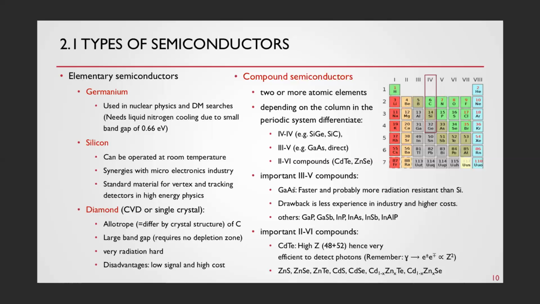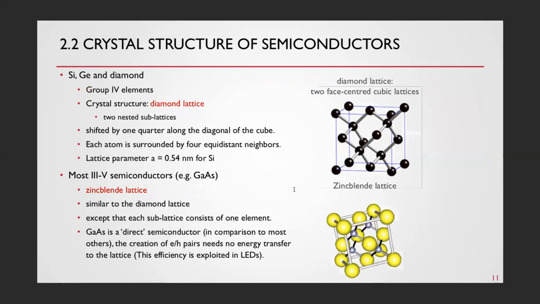Okay, gallium arsenide, I think, is used in light emitting diodes. So let's look at the crystal structure of semiconductors, just so that you know. Silicon and germanium and diamond are in the diamond lattice, these group 4 elements. The diamond lattice is 2 face-centered cubic lattices, where at each of the 2 face-centered cubic lattices' intersection points, we have an atom sitting.